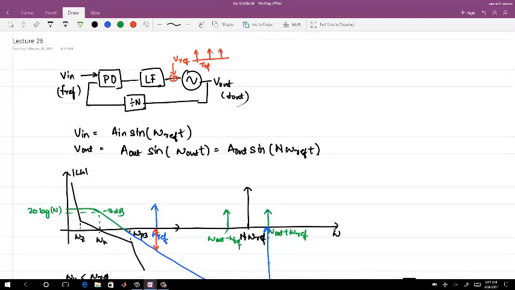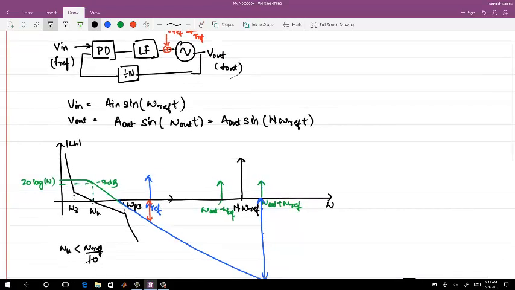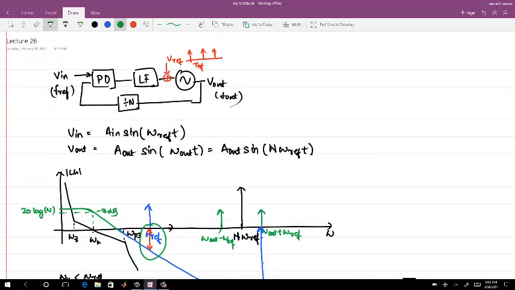Okay, so the thing is, whatever filtered signal you are getting from here when you are applying omega ref, whatever you are injecting in this PLL at the reference frequency, when it comes at the input of the VCO, that voltage itself gets translated by the VCO to the higher frequency.